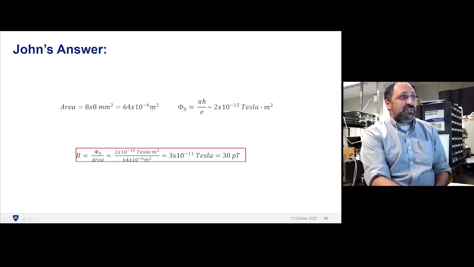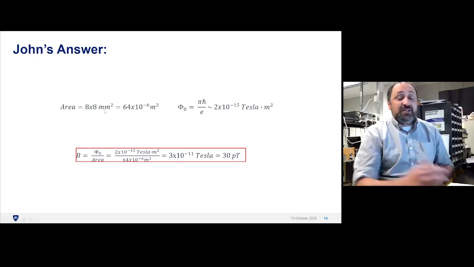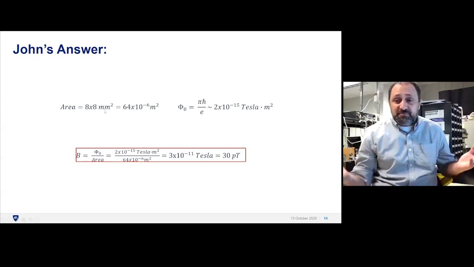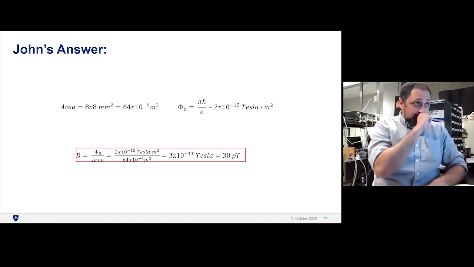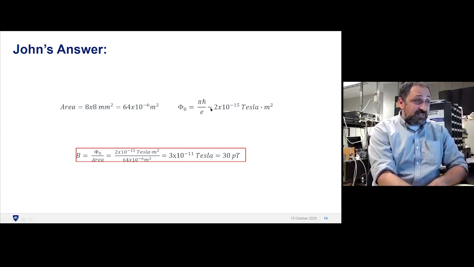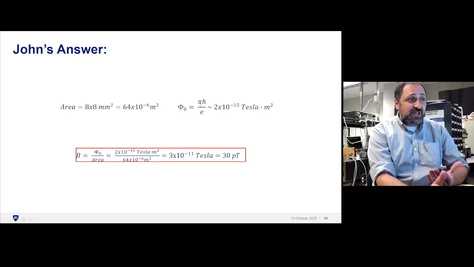64 times 10 to the minus 6 meters squared, because a millimeter is 10 to the minus 3 meters. It's millimeters squared, so that's 10 to the minus 6. 8 times 8, 64. Phi naught, we defined as, and this is exciting, here's h bar again. So the flux quanta is defined in terms of pi, the irrational number, Planck's constant, and the charge of the electron, all fundamental numbers.